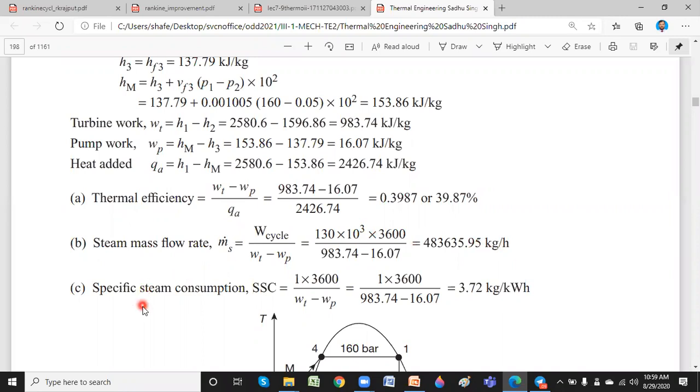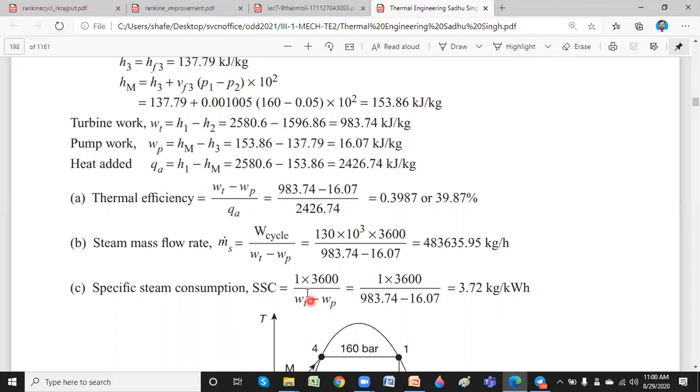And finally, what is specific steam consumption? It is an important parameter, that is how many kg per kilowatt hour. So how many kg per hour of steam consumption per kilowatt of energy produced?